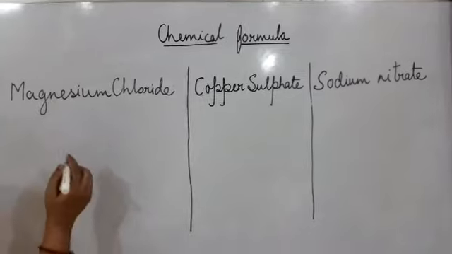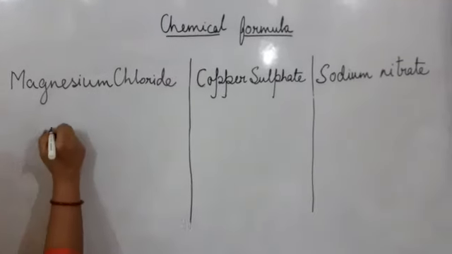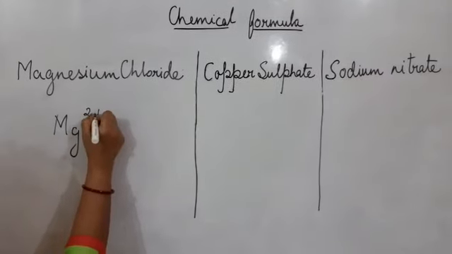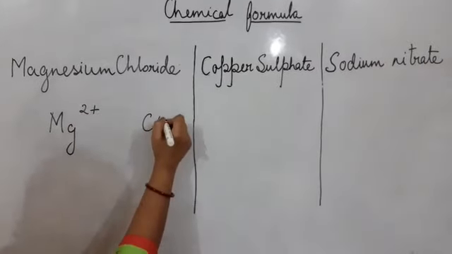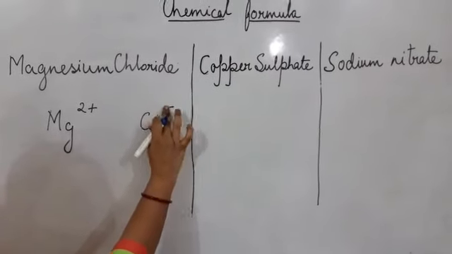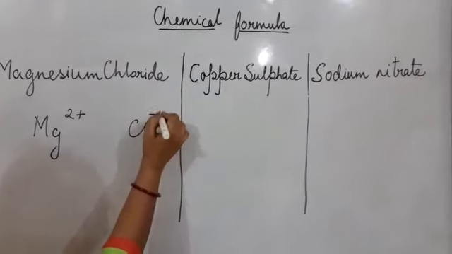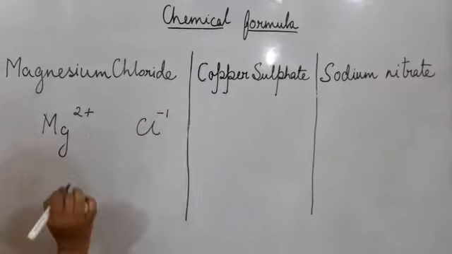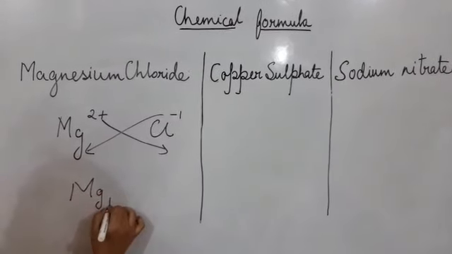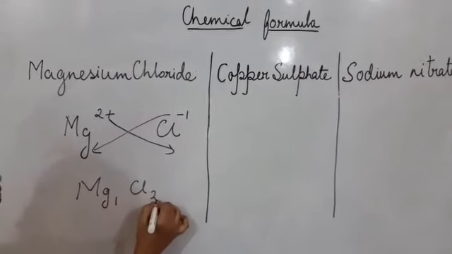The next example is magnesium chloride. Ions present are magnesium ion Mg2+ and chloride ion Cl1 minus, or you can write it as minus 1. It is one and the same. You exchange the charges, the valencies, write down Mg1 Cl2.